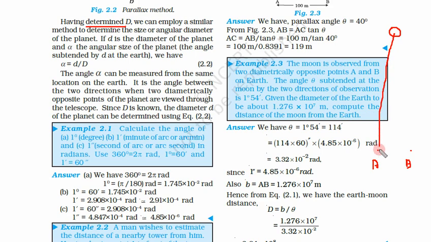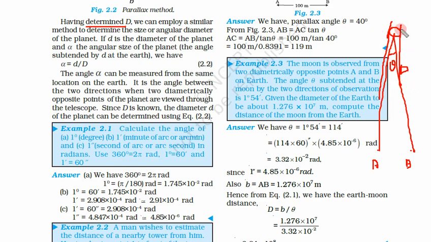So first we have determined the distance of this planet. First we determine distance. After that what can we do? We can measure the size of the planet. What is size? Size is its diameter. So how do we do this? We can check the diameter at this point and the diameter at this point.